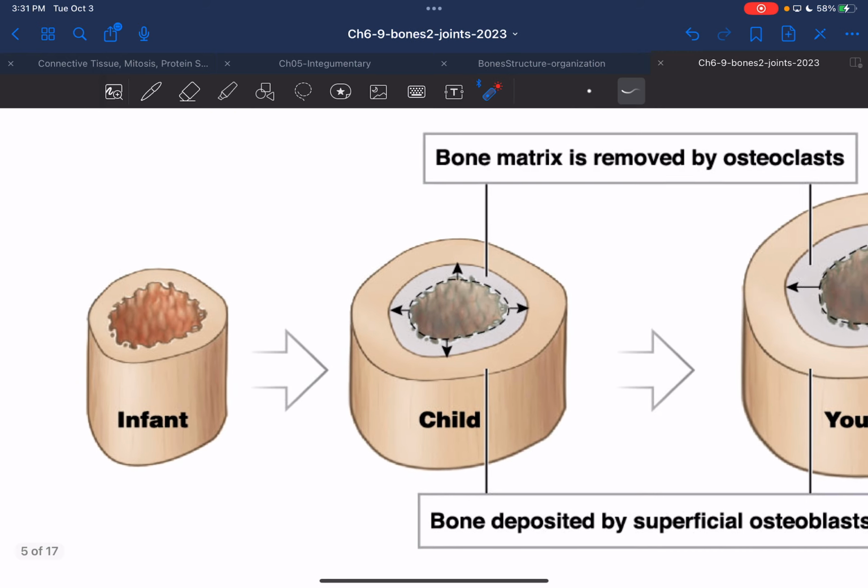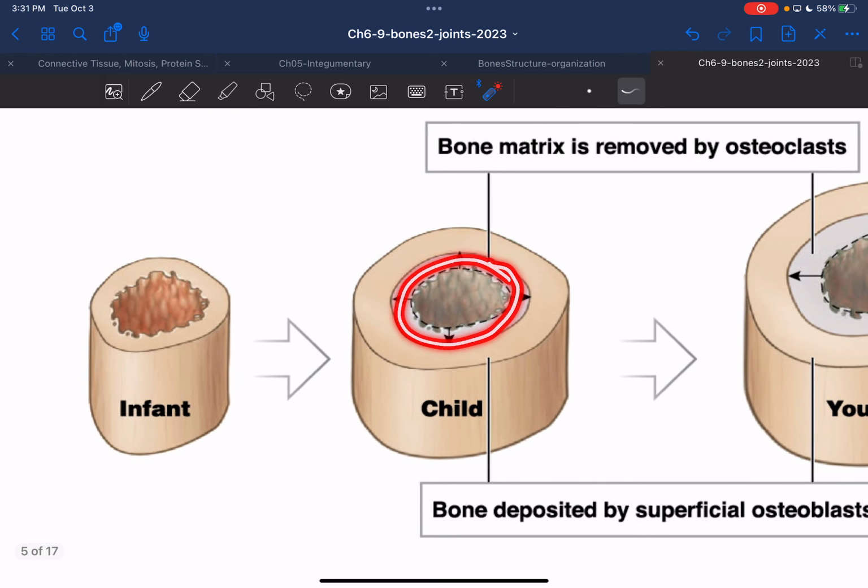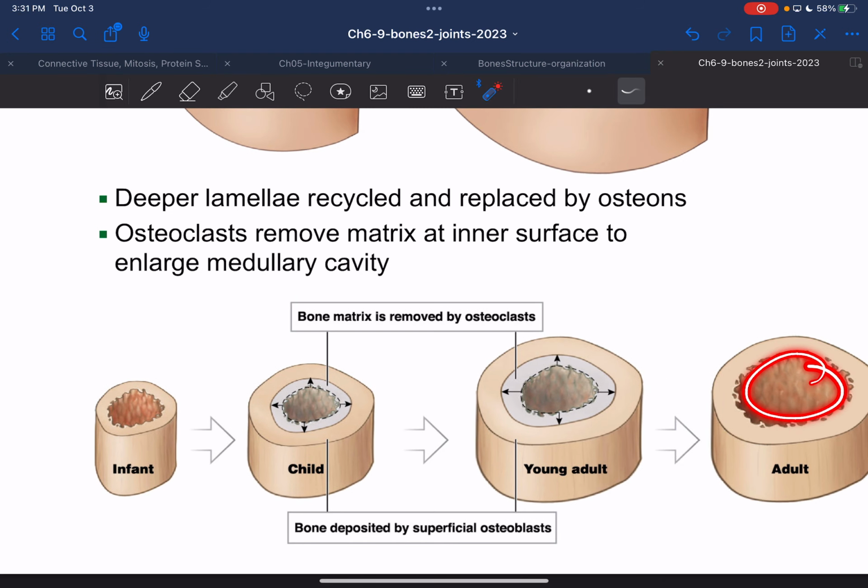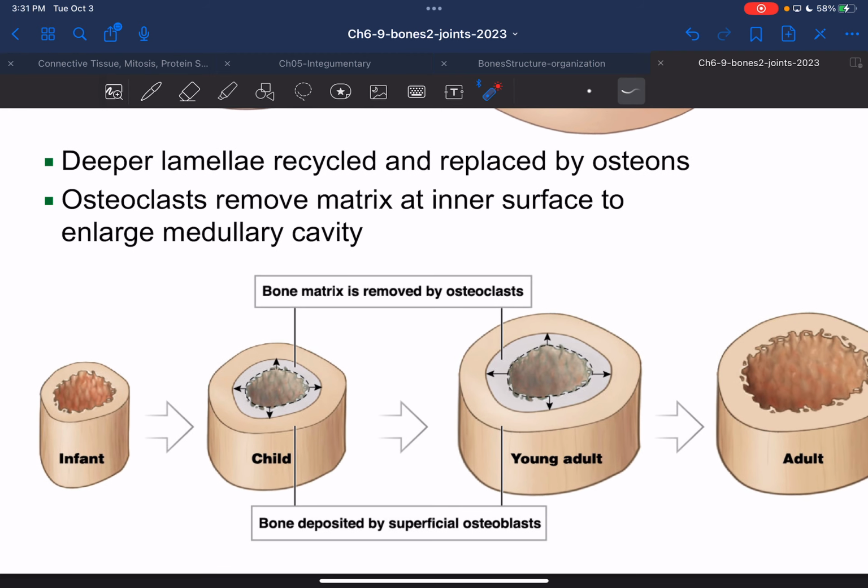And so you can see that as you get older, you need to increase the size of that medullary cavity, because you need to be able to store more fat for when you might need it. As a child, when the diameter is increasing during appositional growth, it also is removing bone matrix. And we know who destroys and degrades bone: osteoclasts. And so whenever we see osteoclasts removing matrix at the inner surface, you can expect that it'll enlarge the medullary cavity.